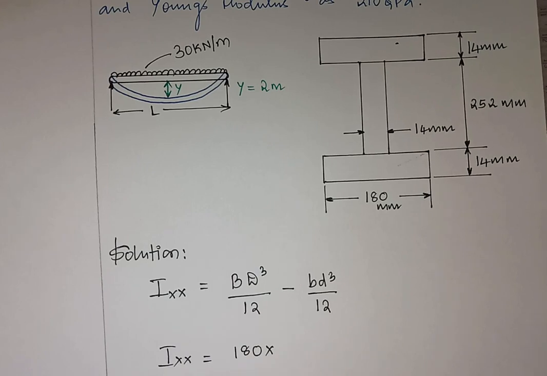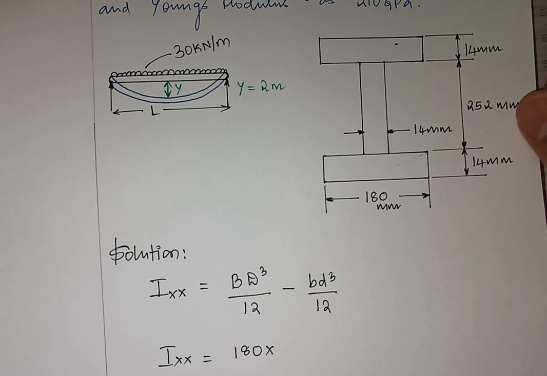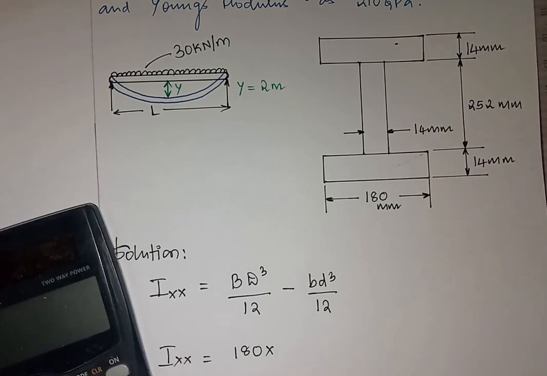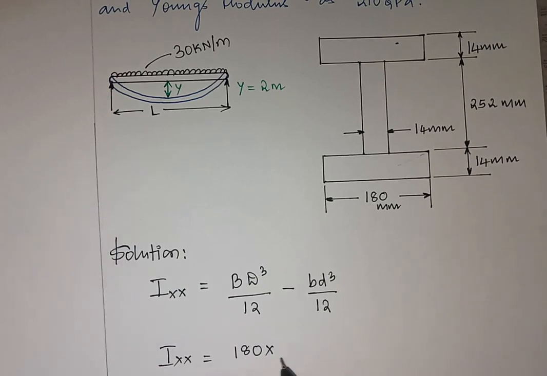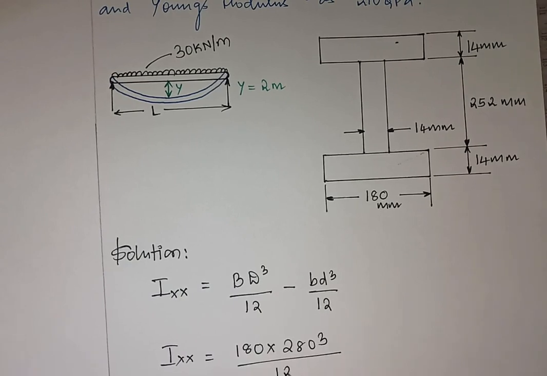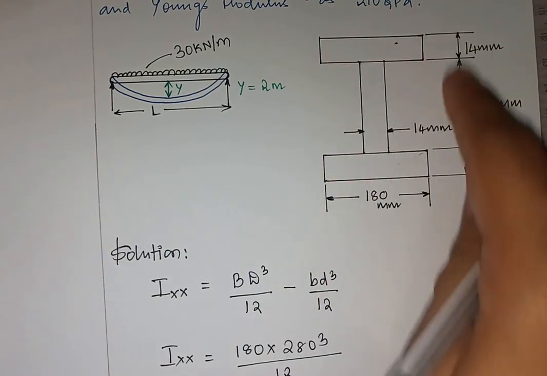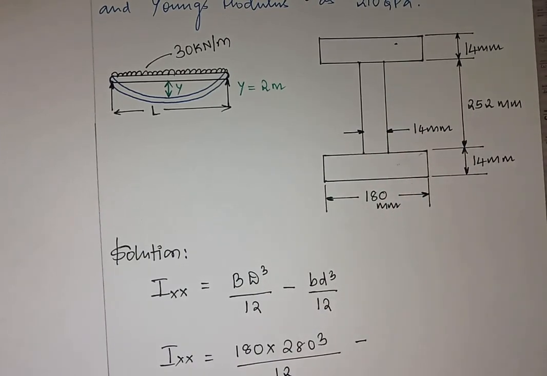D is the total depth of the outer rectangle, so 252 plus 14 plus 14, that is 252 plus 28, which is 280. So 280 cube divided by 12, the maximum rectangle possible, minus this small web region.